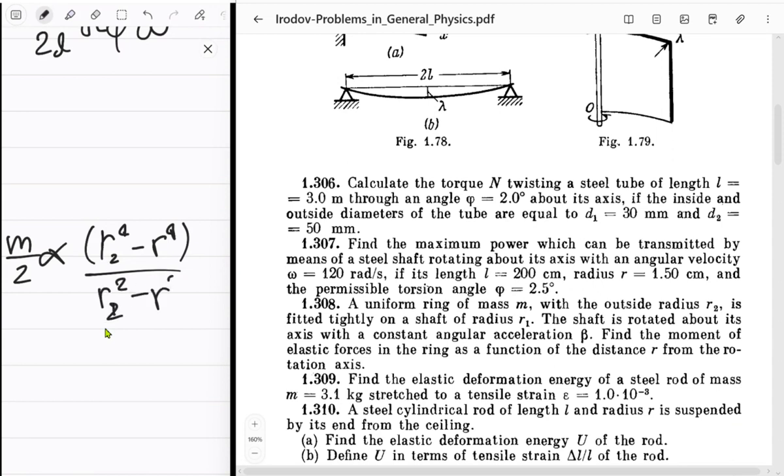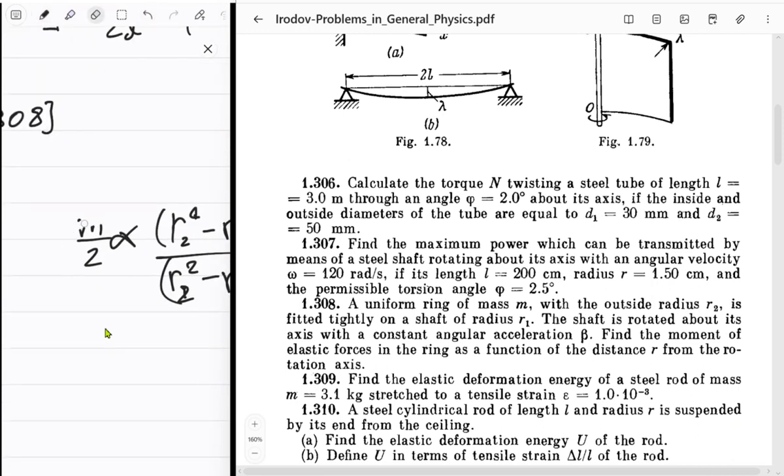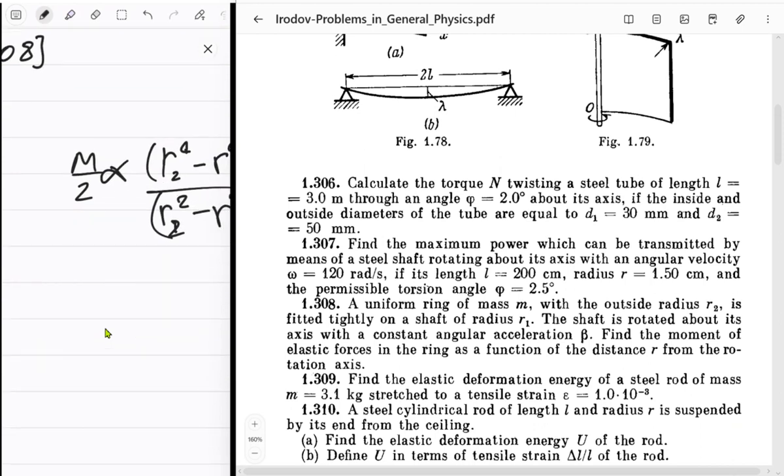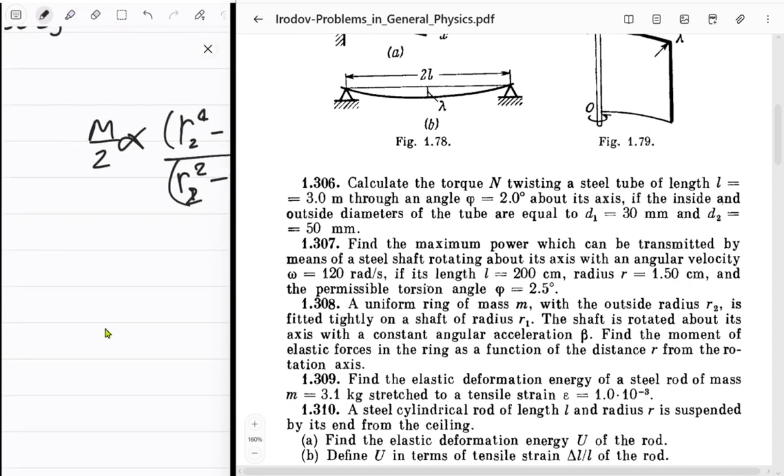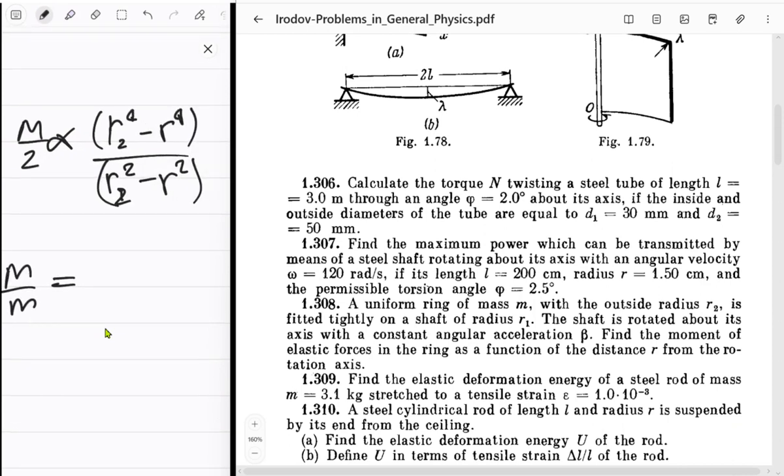But then the mass that we actually look for, that's not this thing. So let's just call this capital M for now. Capital M is the mass of the outer stuff, which is how much in proportion to the complete mass? I just told you it's proportional to R squared. So M upon m is going to be R2 squared minus R squared upon R2 squared minus R1 squared.